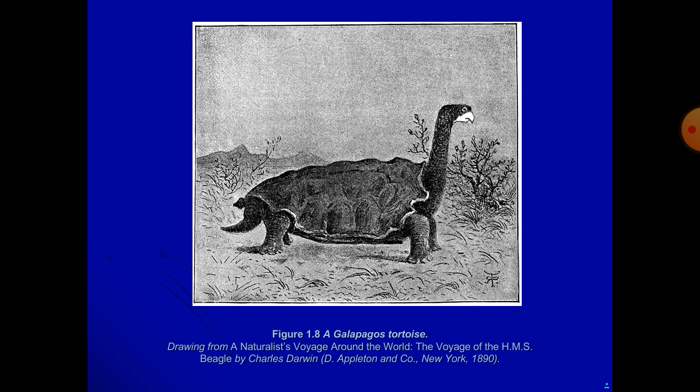When Darwin was in the Galapagos, people told him that they could tell which island a tortoise came from just by the shape of its shell. Later, this information would enlighten him. So that is why he would later formalize the theory of evolution.